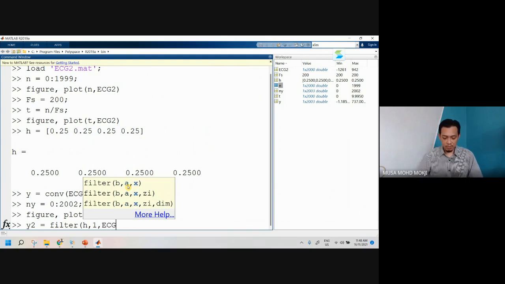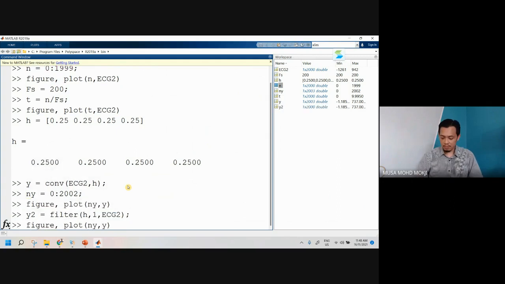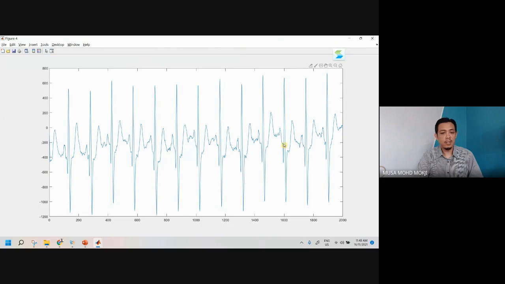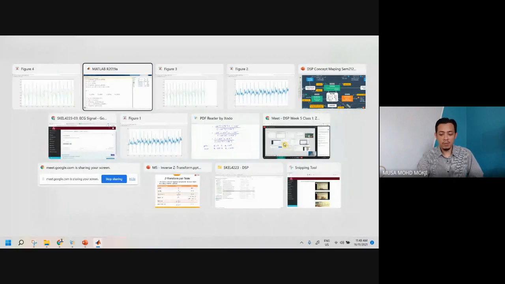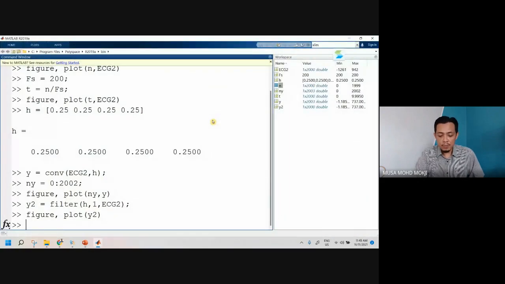Then you should put the ECG, because that's our input. You should get the same thing. So either one, you can use conv, you can use filter. What is the difference? The first one, you are doing convolution. The other one, you are solving the difference equation. That's our input signal and output signal.